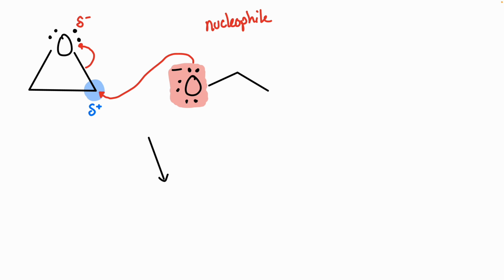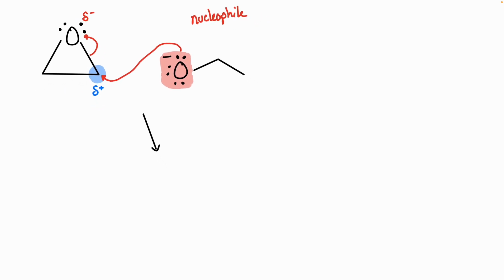So everybody take a second and draw me my intermediate here. Since my ether oxygen has accepted this pair of electrons that was in that carbon-oxygen bond, it's now got not 2 but 3 lone pairs.